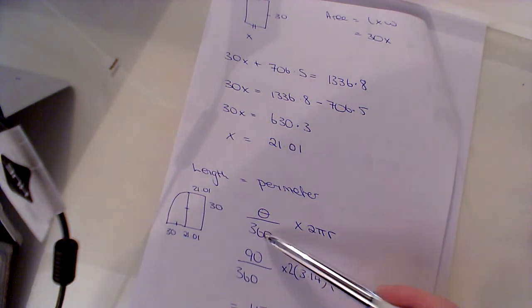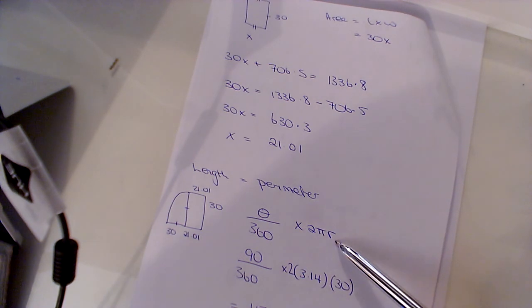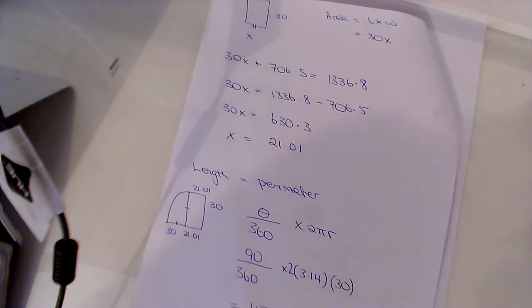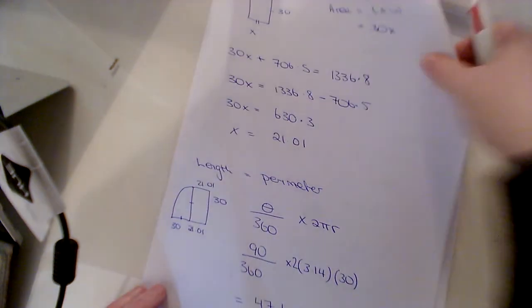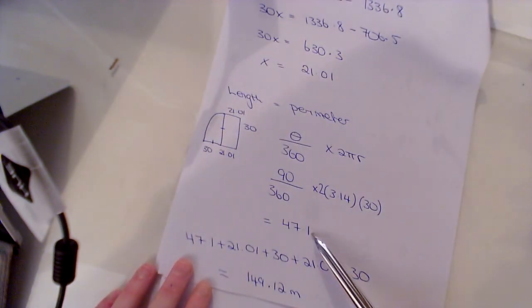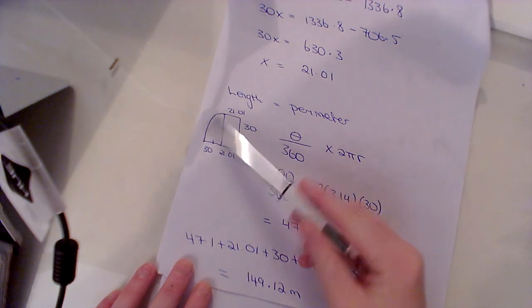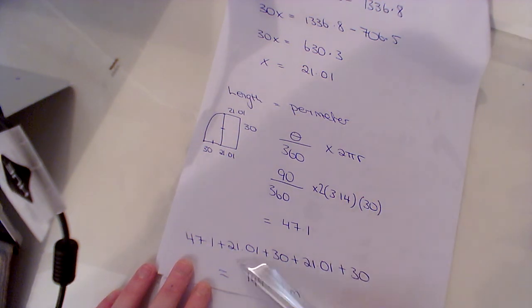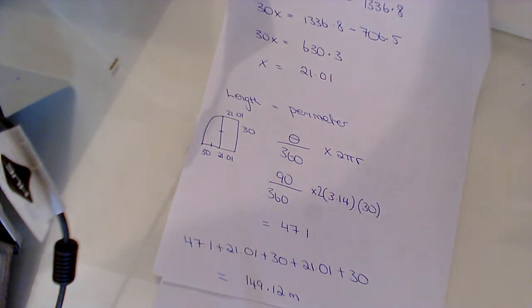So I have theta over 360 by 2 pi r, because it's only part of the sector. So I have 90 over 360 by 2, pi was 3.14, my radius is 30, so I get 47.1. So now I have 47.1 plus 21.01 plus 30 plus 21.01 plus 30, and I get 149.12 metres.